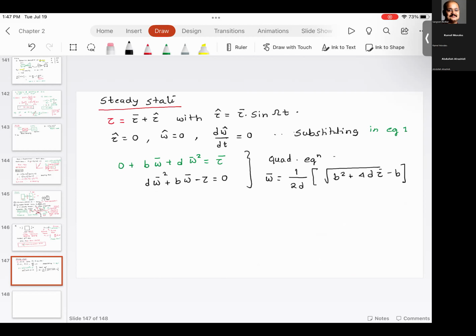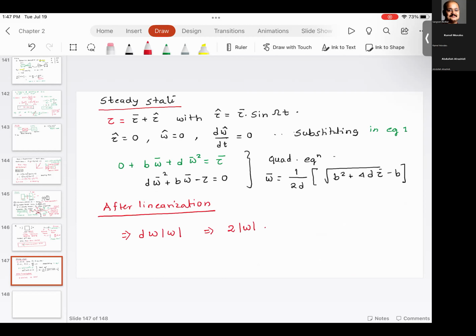We already know that after linearization, if you have a system something like d omega hat omega sine omega, that gets converted to 2 times the norm of omega.